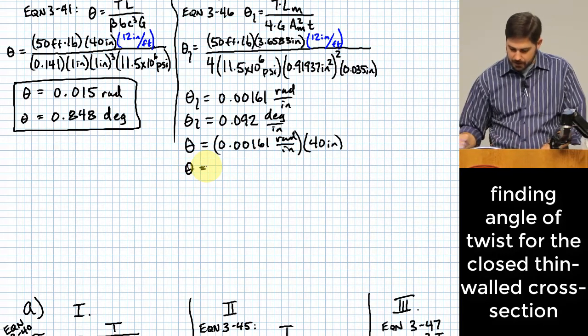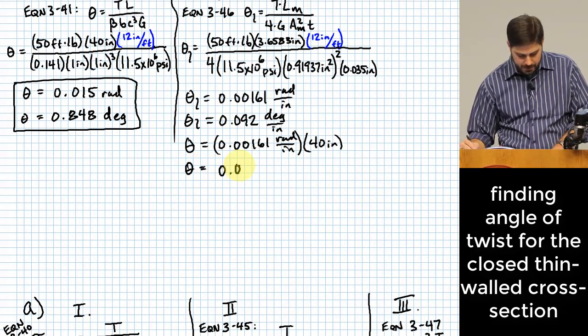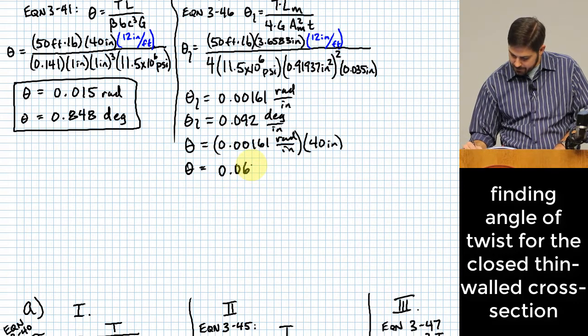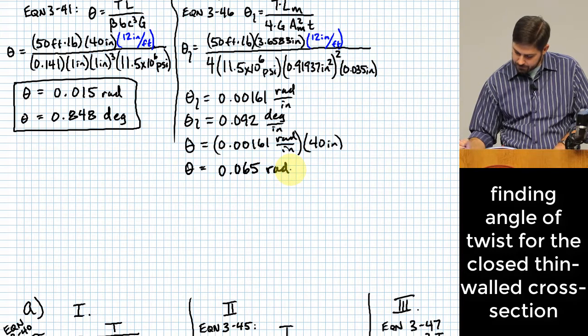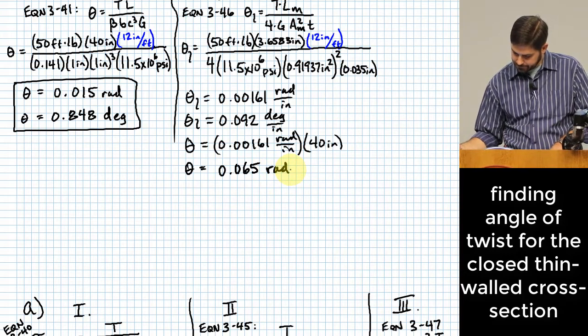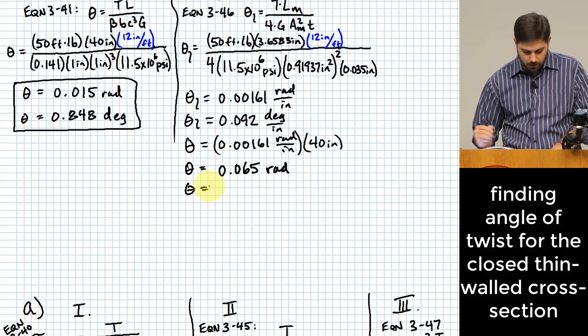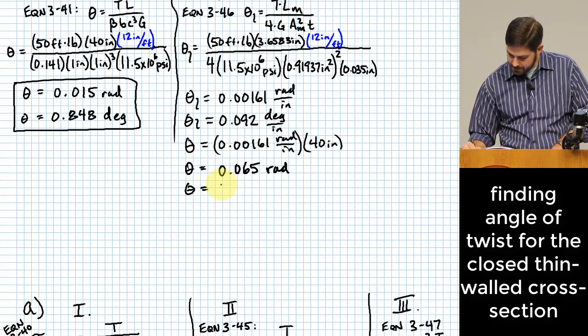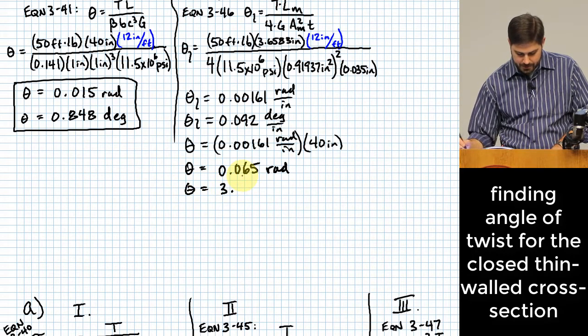And that ends up giving you 0.065 radians. Or in degrees, this is 3.697 degrees.